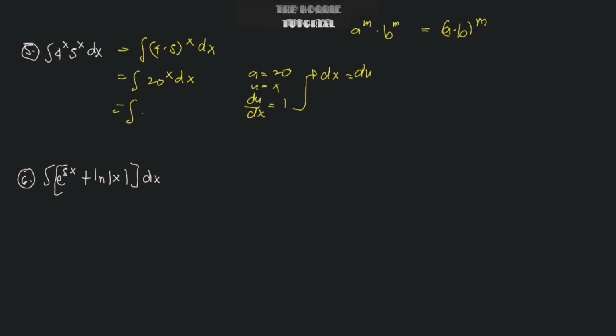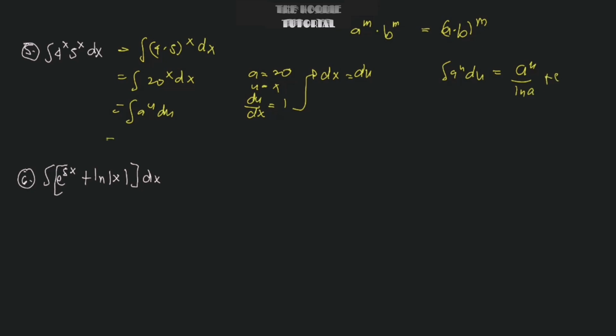20 is our a, so basically you can put 20 directly, but I'm going to put a to avoid confusion. x is u, and then dx is just du. So we can now find the integration for this one, since rule number 3 talks about whenever we integrate a to the u du, it is just equal to a^u over ln a plus c.